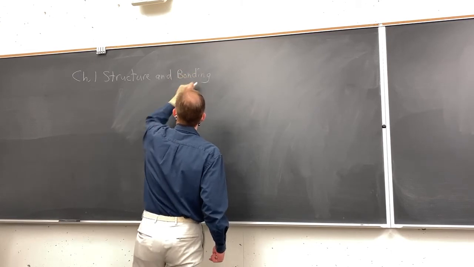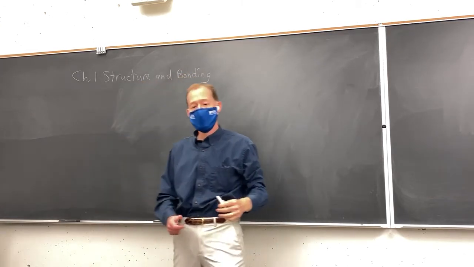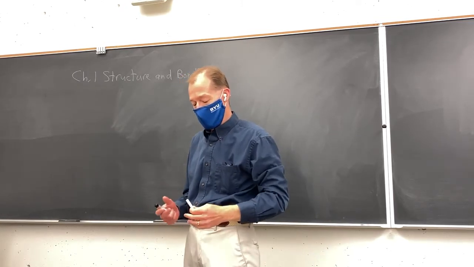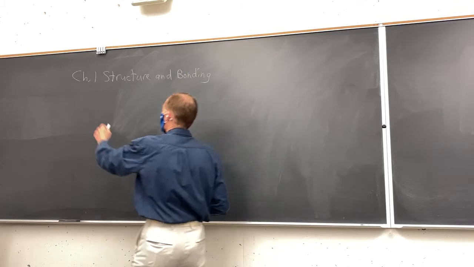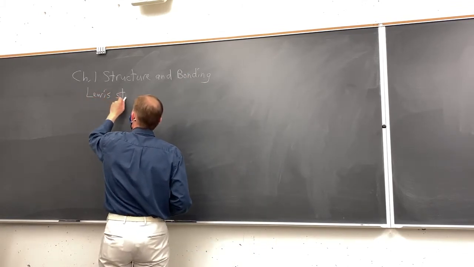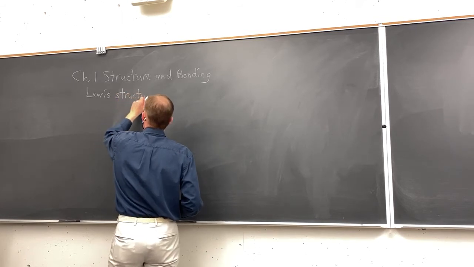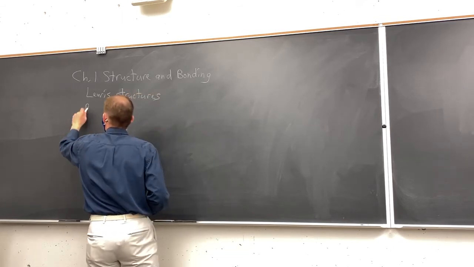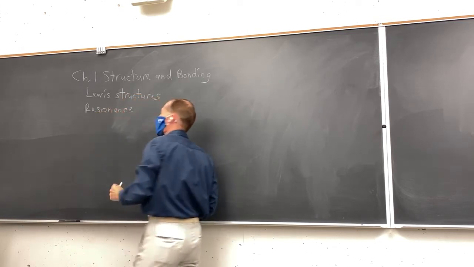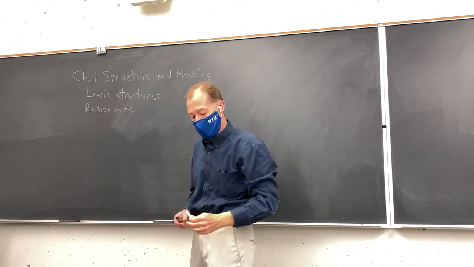So this was primarily review from general chemistry, but we did emphasize resonance a lot here. So our key topics would be Lewis structures, resonance, a topic that certainly is familiar to you by now.